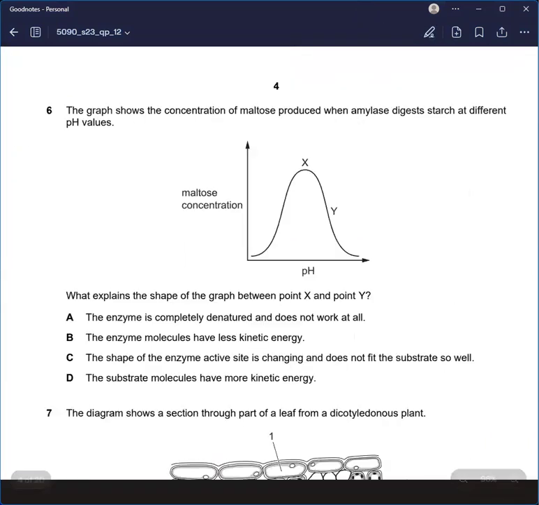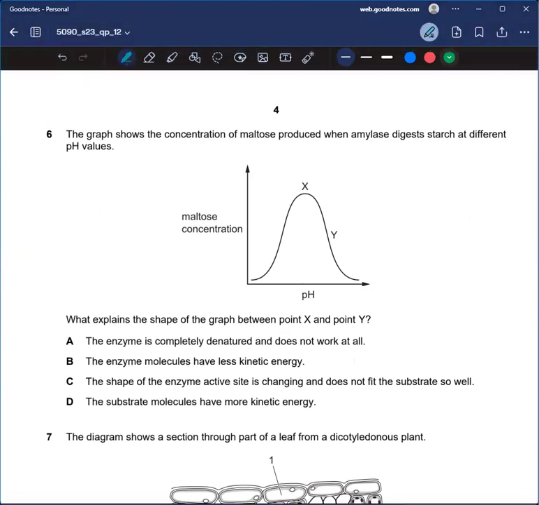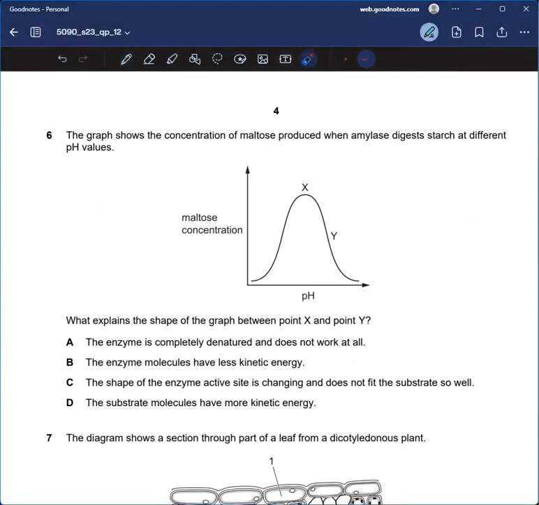All right. Question number 6. The graph shows the concentration of maltose produced when amylase digests starch at different pH values. We have the graph here. What explains the shape of the graph between point X and point Y?